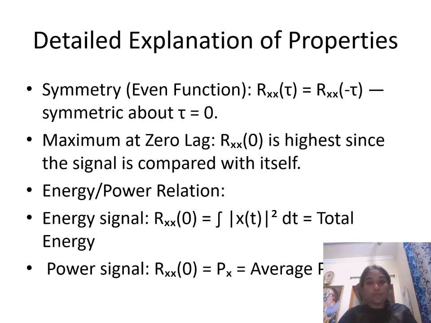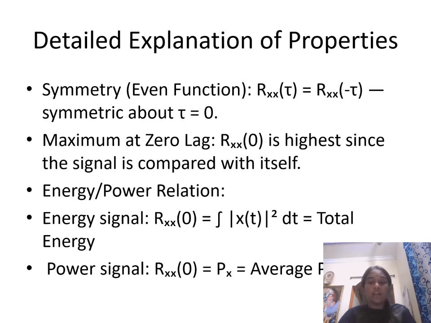Detailed explanation of properties. Mathematical representation: the autocorrelation function has several important mathematical properties. It is an even function, Rxx of tau equals Rxx of minus tau. Maximum at zero lag: Rxx of 0 is the maximum value since the signal is identical to itself at zero shift. Energy and power relation: for an energy signal, Rxx of 0 equals E, that is the integral of x squared of t.